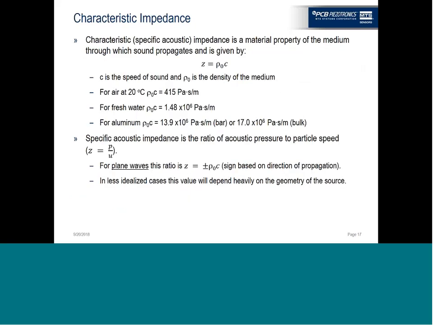Characteristic impedance. I put this here not because we're going to sink into it very deep, but more because it's important when it comes to a bunch of different measurements. Particularly sound intensity.